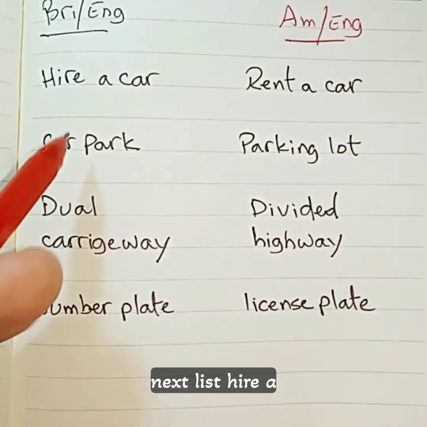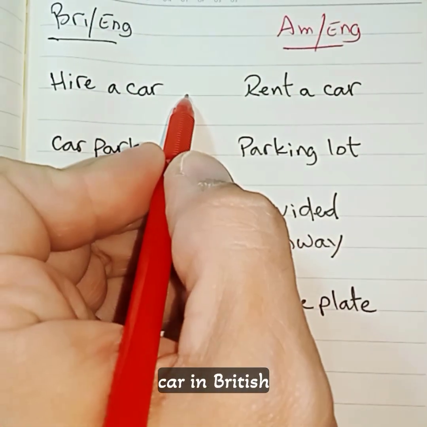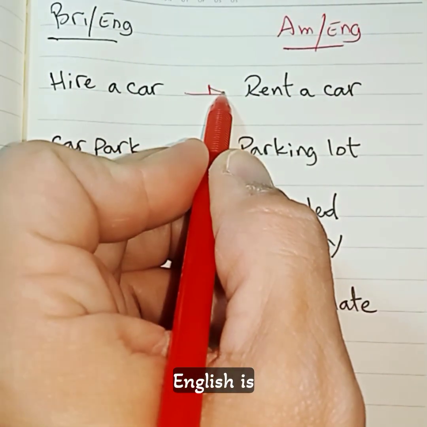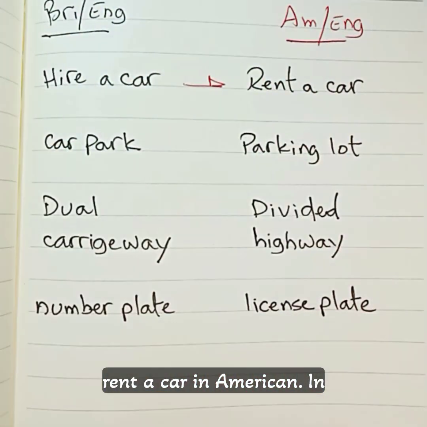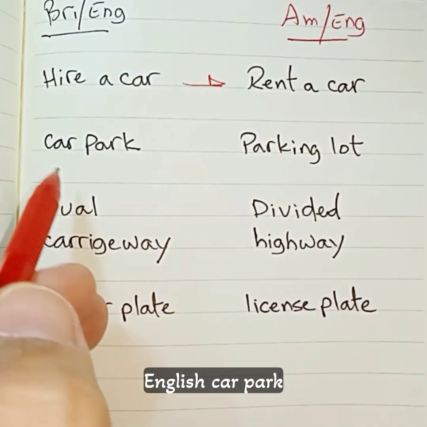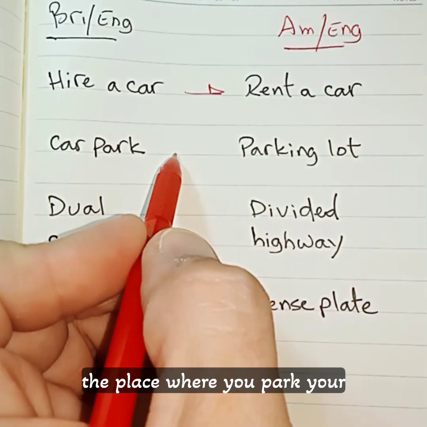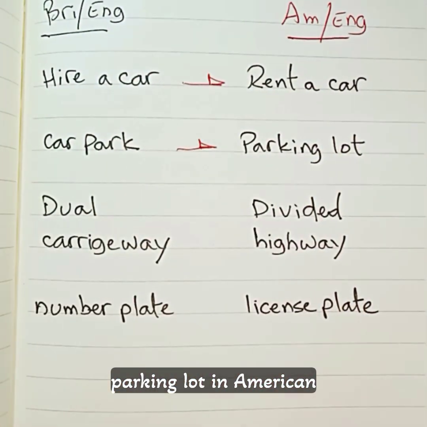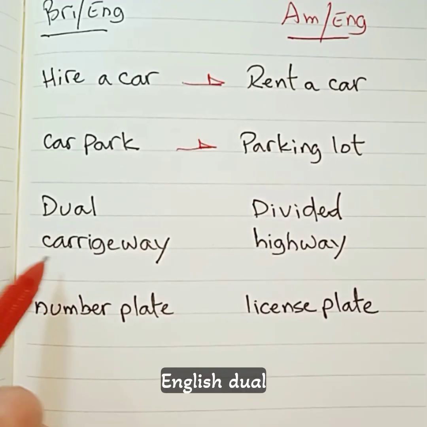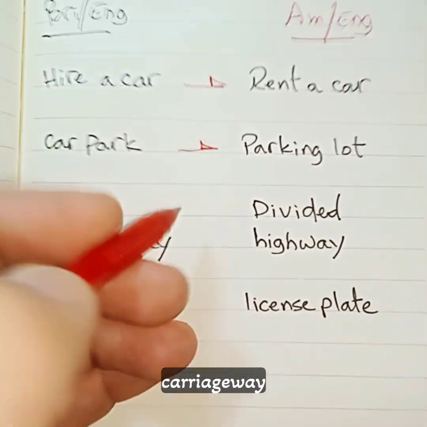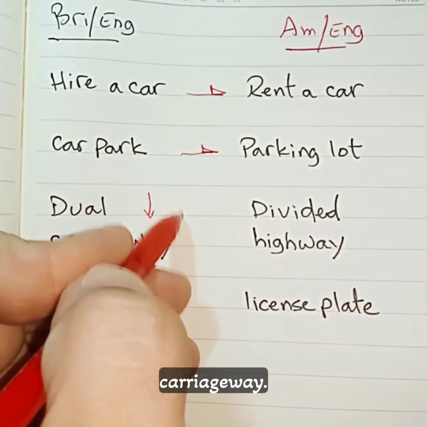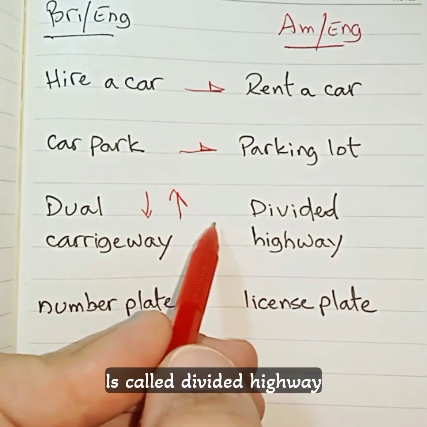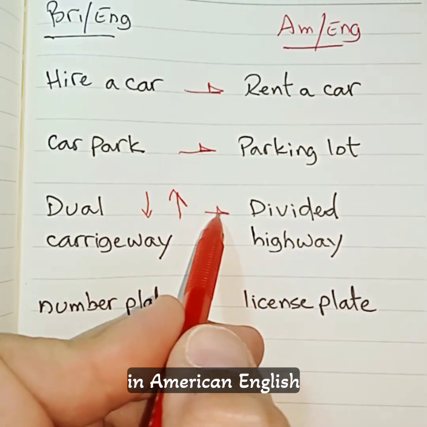Next list. Hire a car in British English is rent a car in American English. Car park, the place where you park your car, is called parking lot in American English. Dual carriageway is called divided highway in American English.